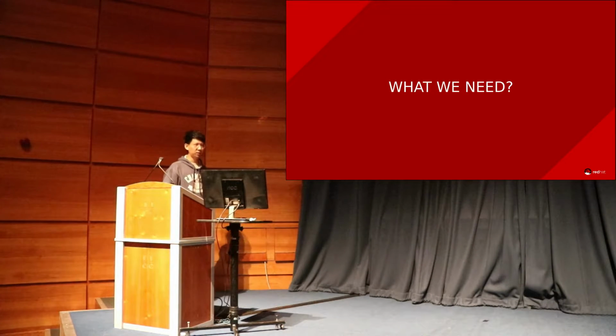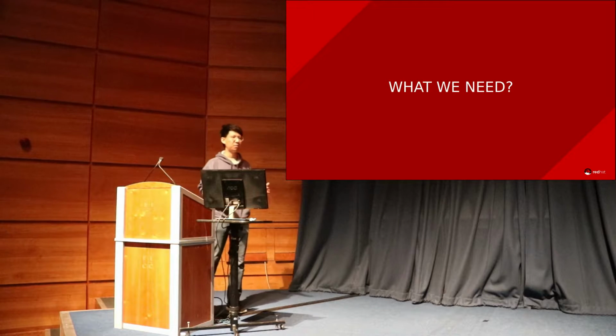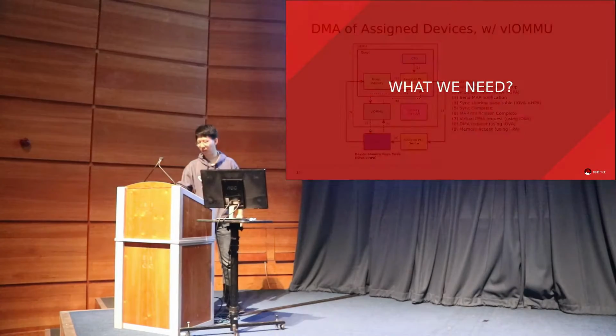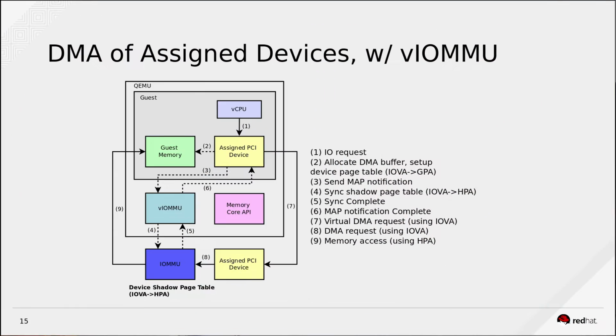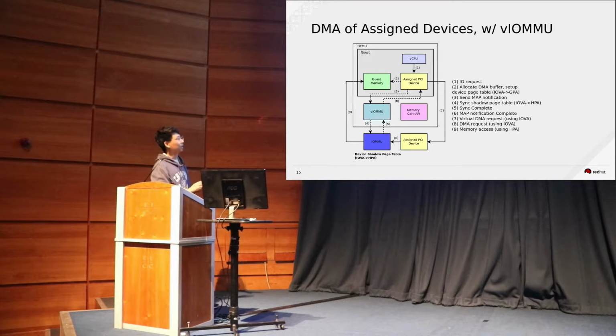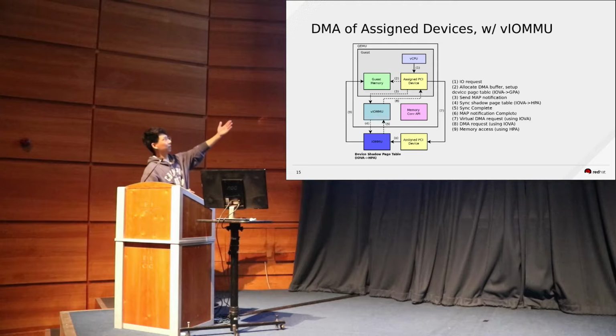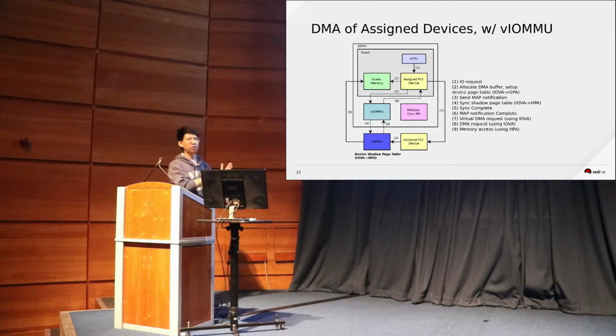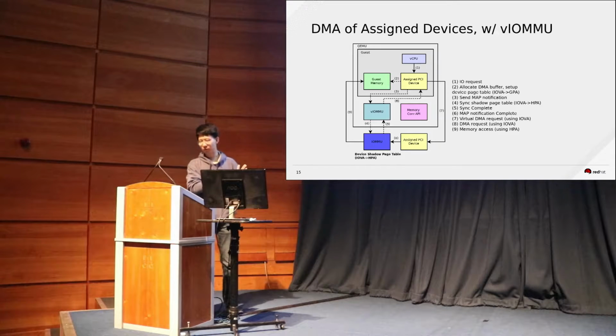So what we need is to have the device assignment alongside with IOMMU in the guest, which looks like this. It's a bit complicated, but not really. So we see that in step 2, it's similar to emulated devices as well. Firstly, we allocate the buffer and we set up the page tables.